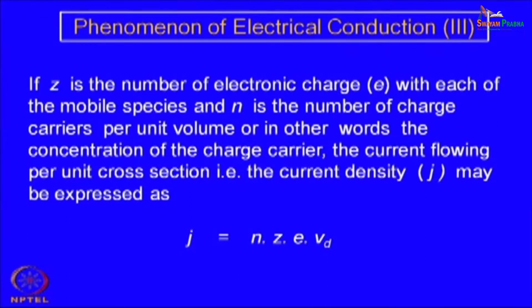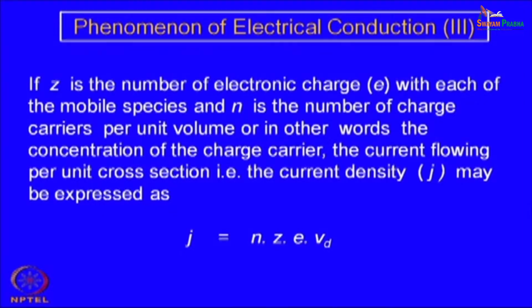If we assume that Z is the number of electronic charge, that is E, with each of the mobile species, we are considering that there is a charge carrying species which is moving under the application of the external field, and it need not be an electron, it may be some other species also. Although an electron has only one electronic charge, so Z equal to 1, there may be other species in which Z may not be 1.